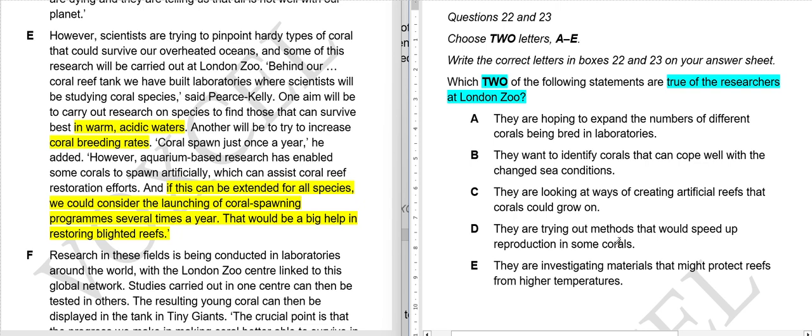Are they trying to increase the spawning rate or the reproduction rate of corals? E, they are investigating materials that might protect reefs from higher temperatures. Are they trying to innovate materials that may protect reefs from increasing temperatures?